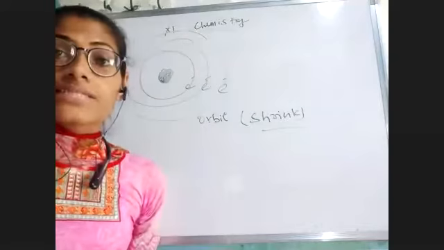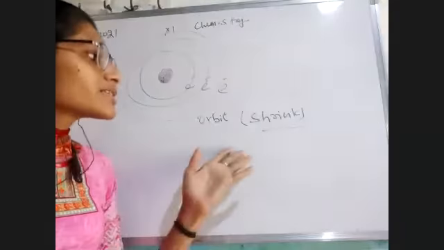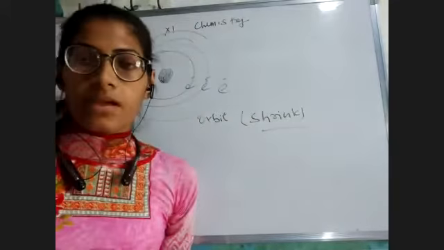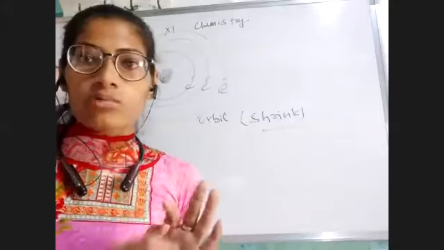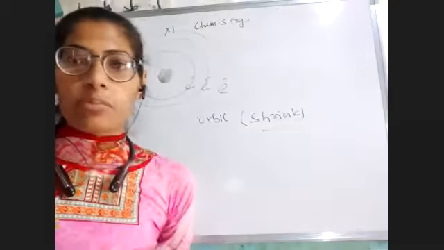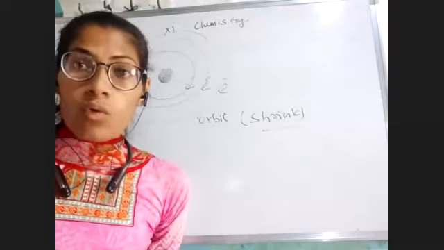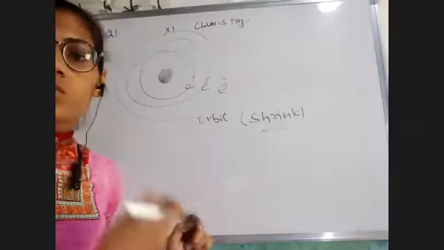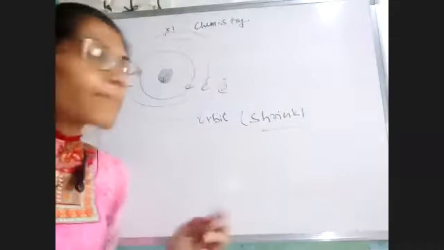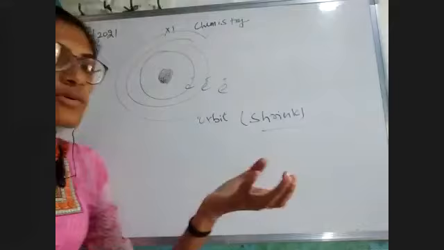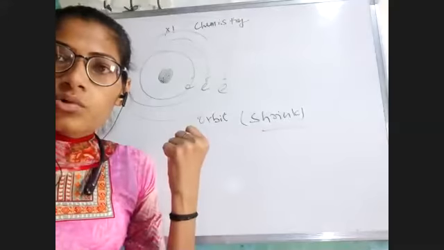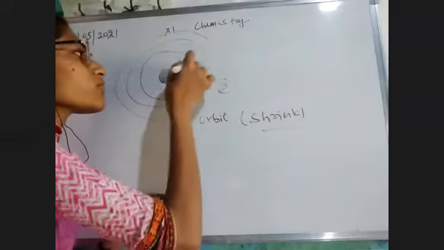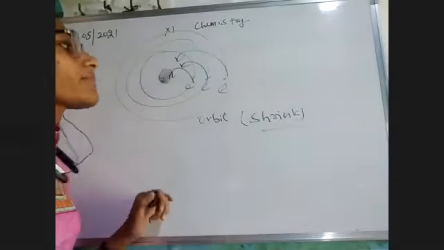Second point: Rutherford said, let us assume that the electrons are stationary, fixed at a position, not moving. Another scientist came and said that if electrons are not moving, the positive charge would keep attracting them, and the electrons would fall into the nucleus.